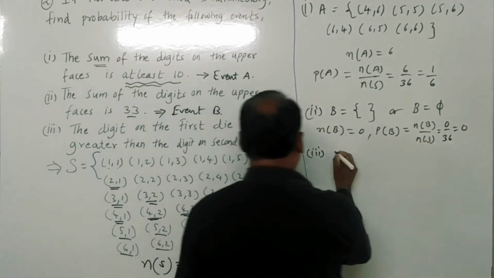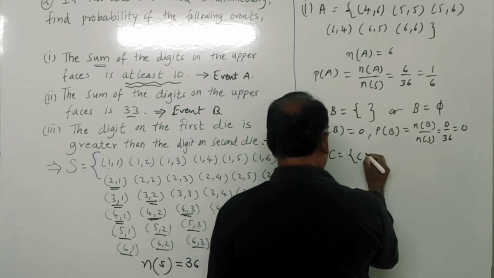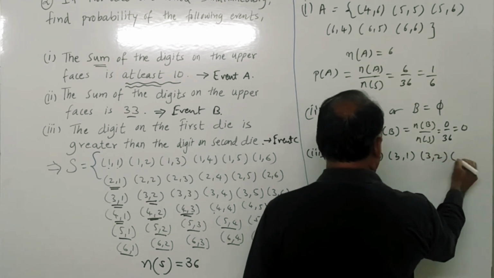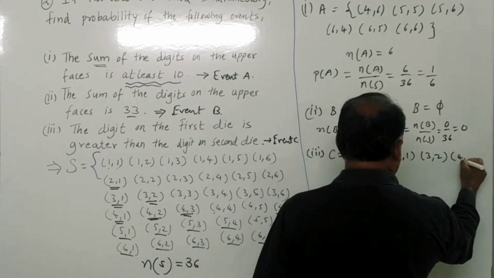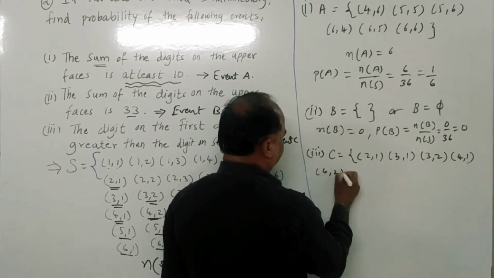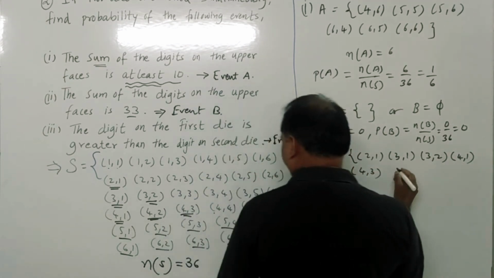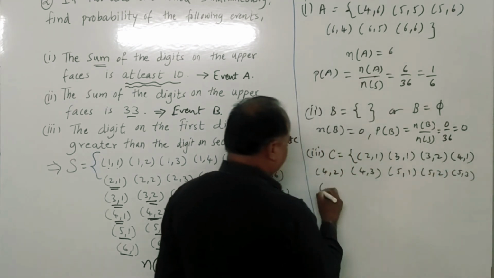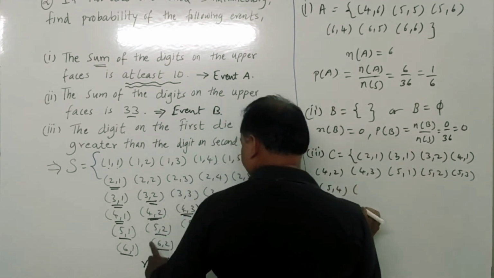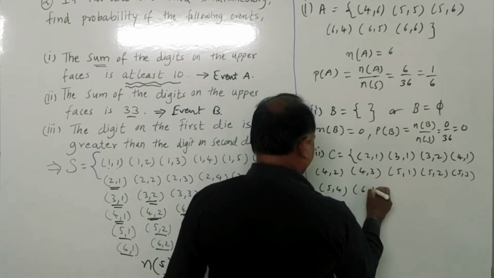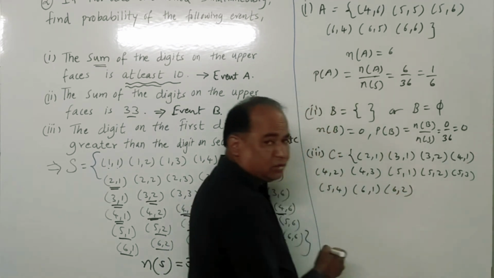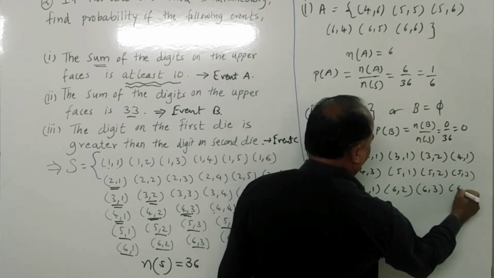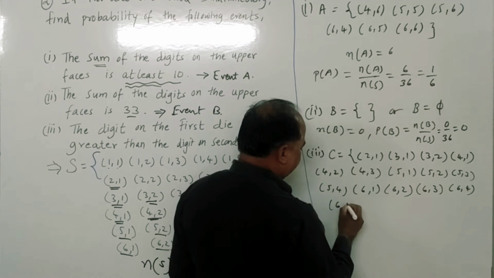So the sample points in event C are 2 1, then 3 1, 3 2, 4 1, 4 2, 4 3, then 5 1, 5 2, 5 3, 5 4, then 6 1, 6 2, 6 3, 6 4 and 6 5, where the score on the first die is greater than the second die.